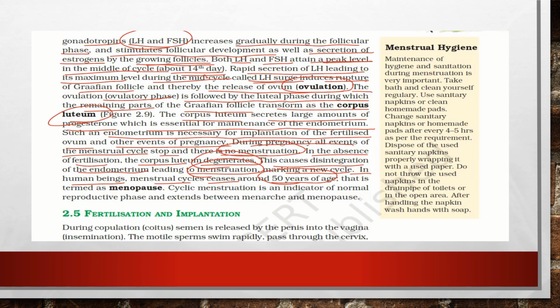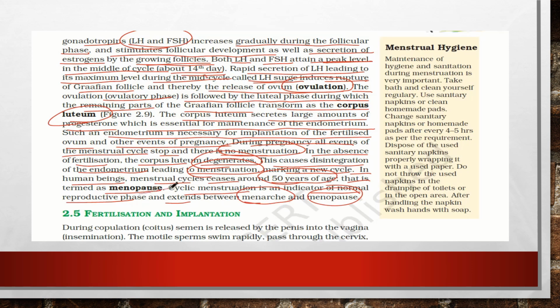So in human beings, the menstrual cycle ceases around 50 years of age. So a female who is 50 years of age, she will not have her menstruation, because that is termed as menopause. Cyclic menstruation is an indicator of normal reproductive phase, and it extends from menarche to menopause, right?